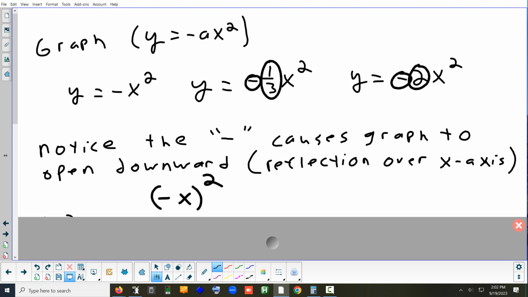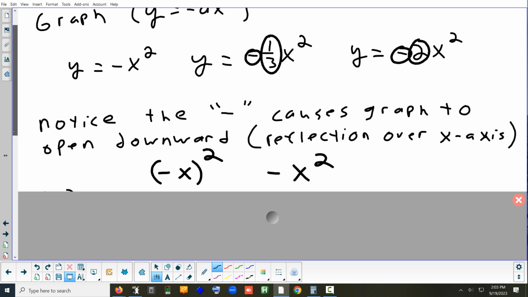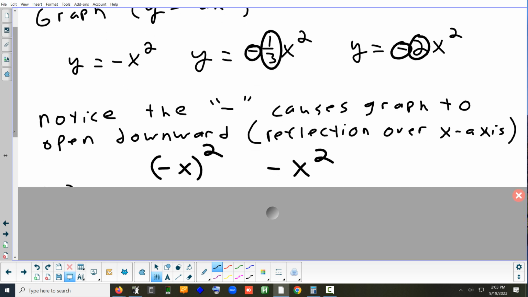Horizontal reflection, vertical reflection. The big difference is whether the negative is inside the parentheses or whether it's outside in front of the whole thing. And that's going to be kind of the theme of every transformation we do. If you do something on the inside, it's always horizontal.